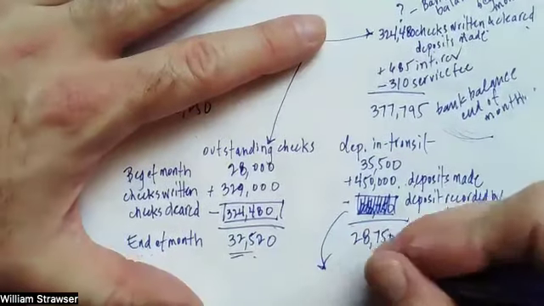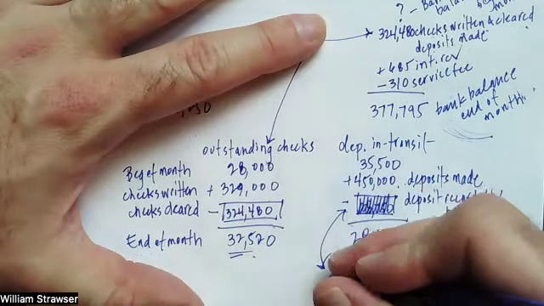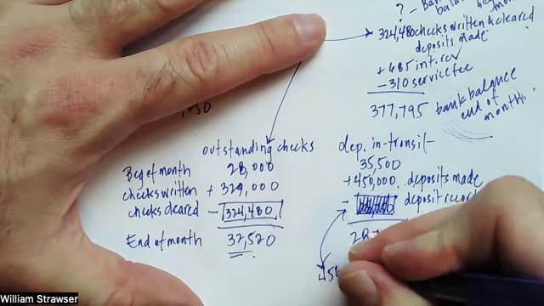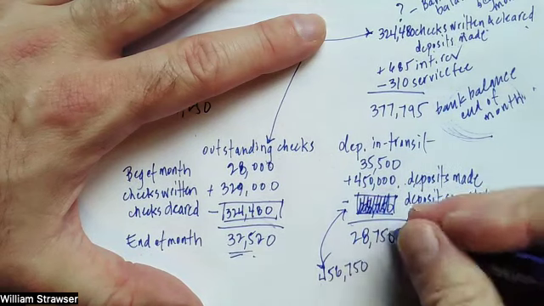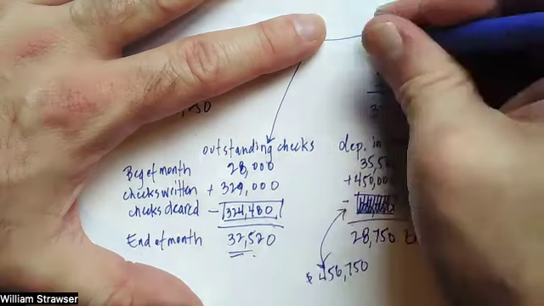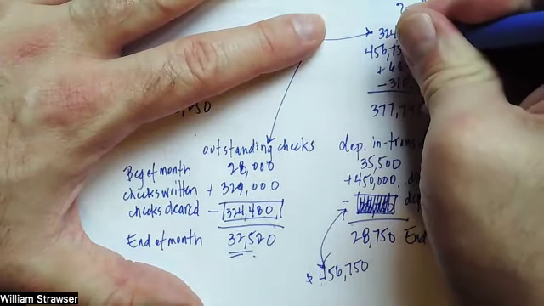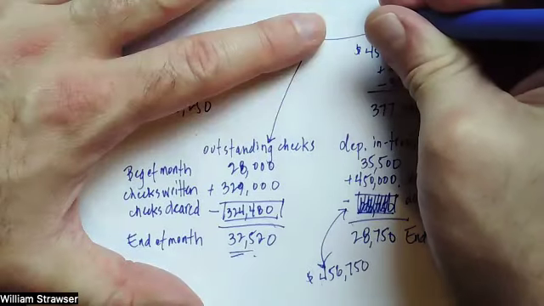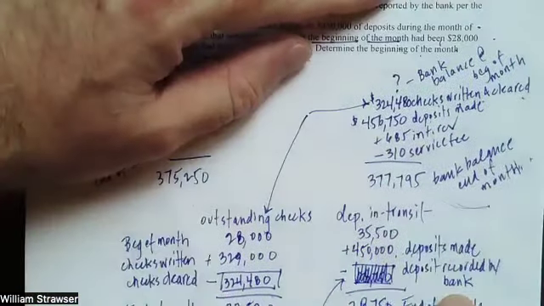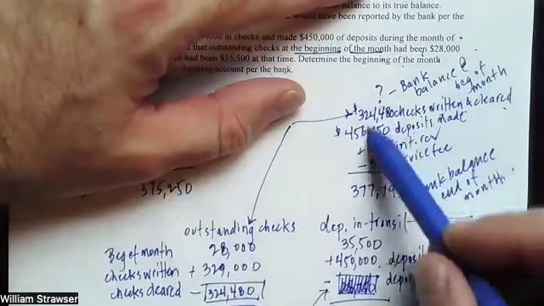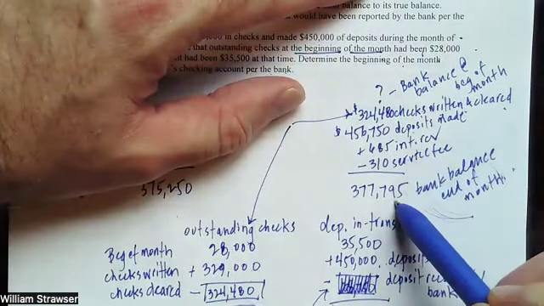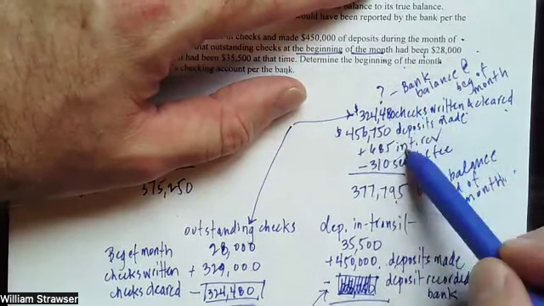I don't have any room in that square anymore. So the amount I'm going to subtract is 456,750 when I solve for it using that equation. And that is the amount that I would incorporate into the story of what's happening on the bank side of things. So now I have all the pieces that would have affected my bank balance during the month.